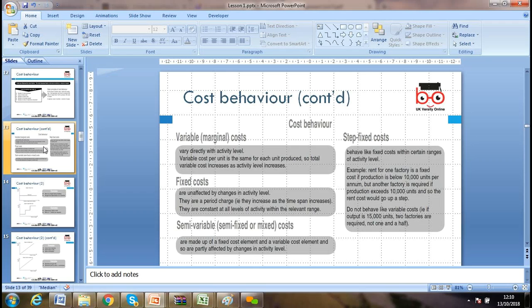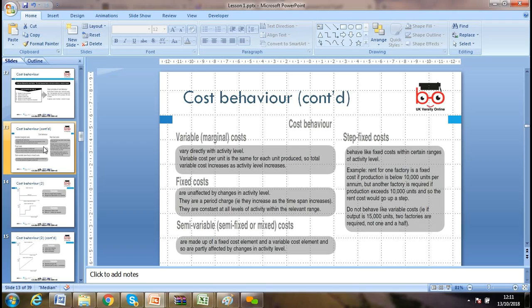Suppose we are paying 12,000 a year, £1,000 a month, for the factory, but we can only produce 10,000 units. So that's the fixed cost for the factory.